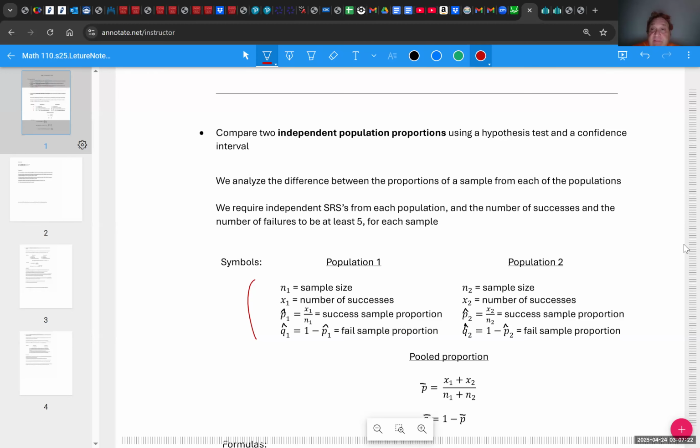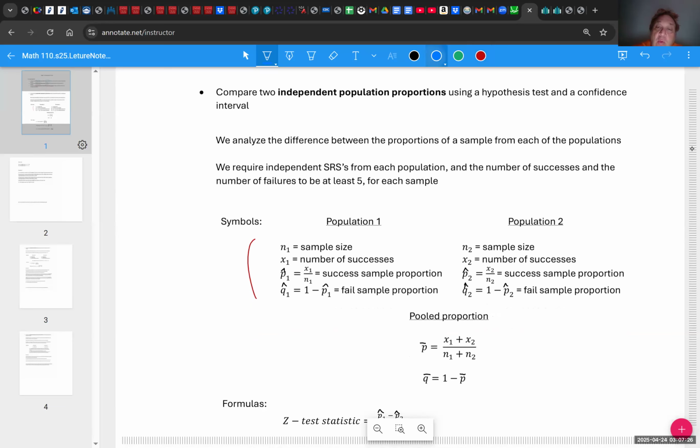We also have this newer calculation that you may not have seen before called pooled proportions. So this is the total number of successes divided by the total sample sizes combined together from the two samples.